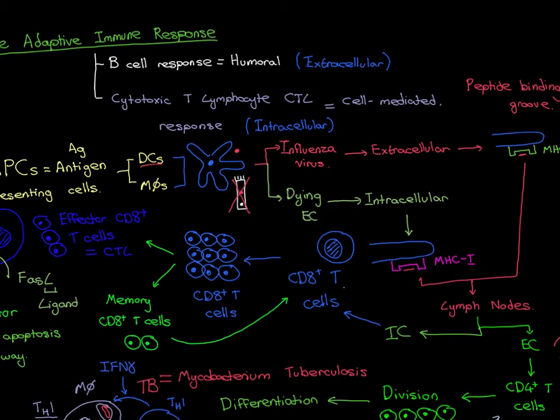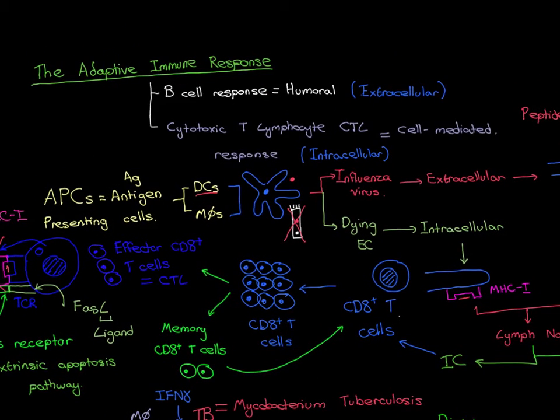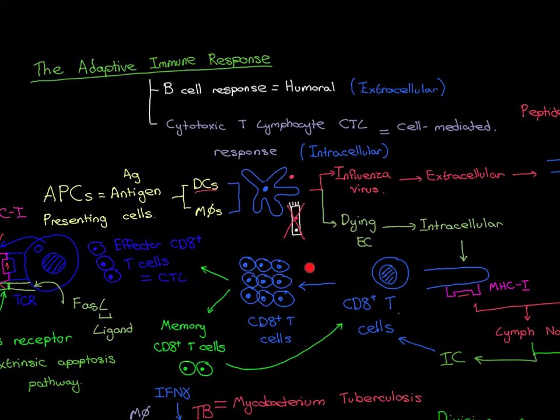They'll divide and divide and divide, and the cells can then differentiate again into effector or memory CD8 positive T cells. The bigger fraction of this population will differentiate into the effector CD8 positive T cells, also called the cytotoxic T lymphocytes.